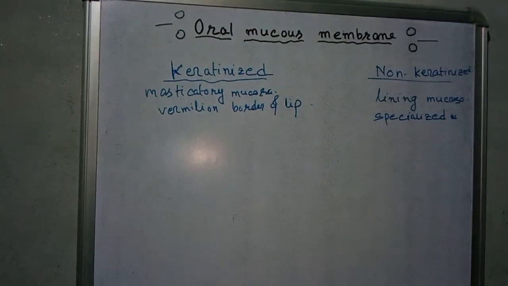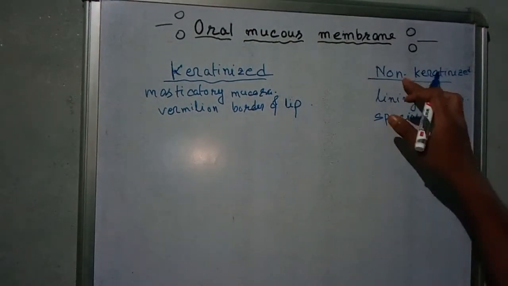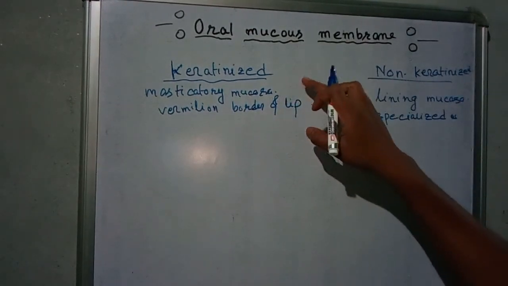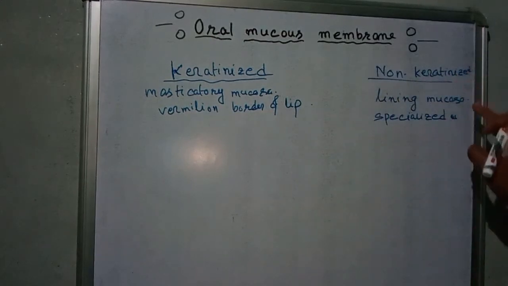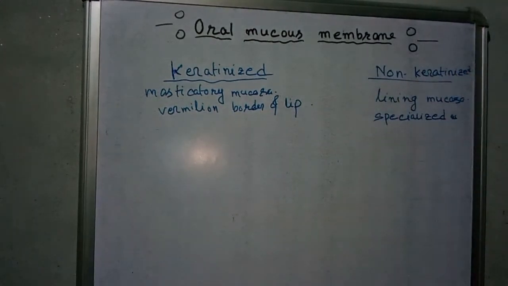So keratinized involves masticatory and vermilion, and non-keratinized involves lining and specialized mucosa. This is the subdivision of the oral mucous membrane.